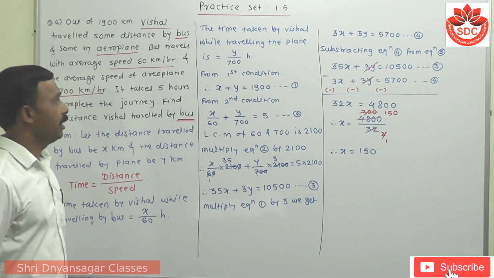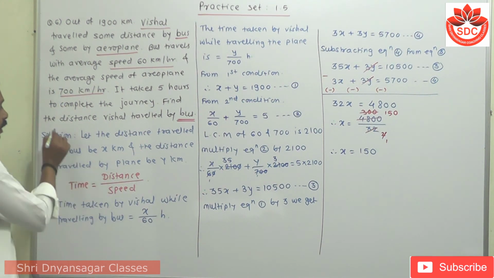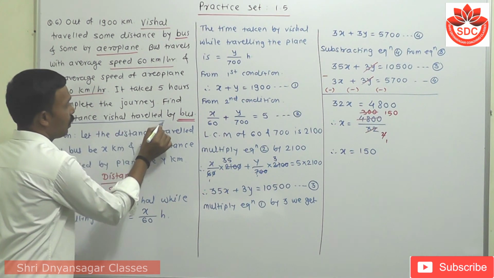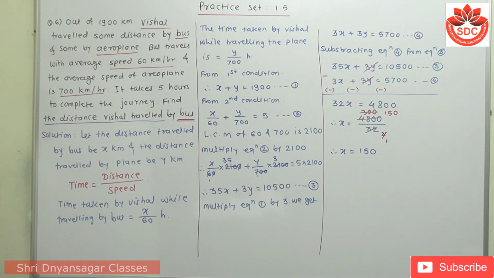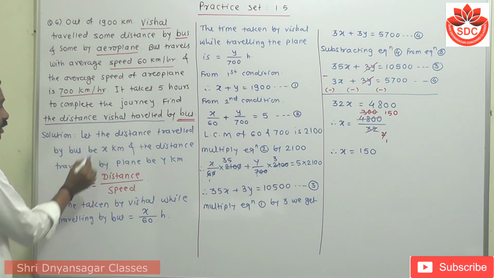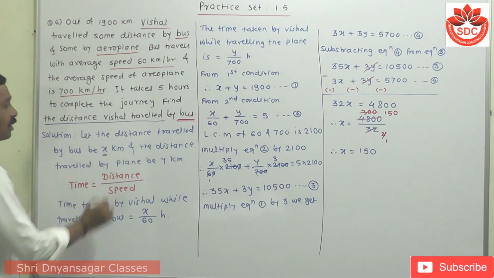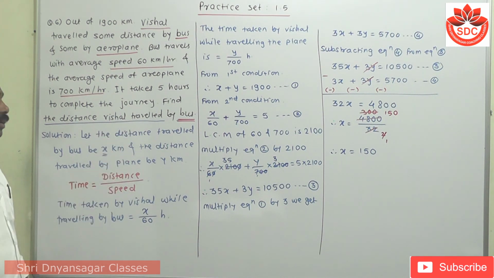Now students, here we have to find only the distance we travel by bus, and this distance is denoted by x. So we only have to find the value of x.